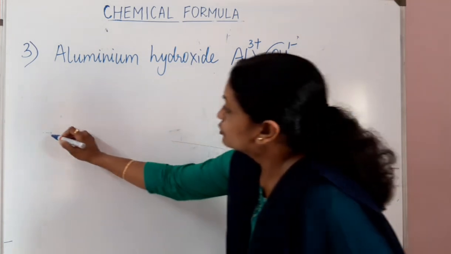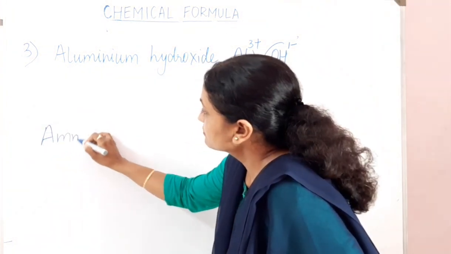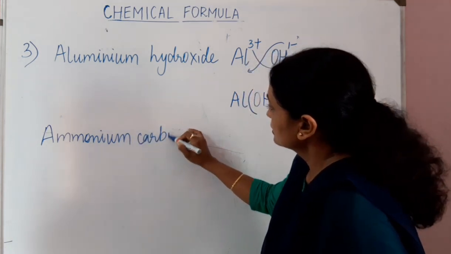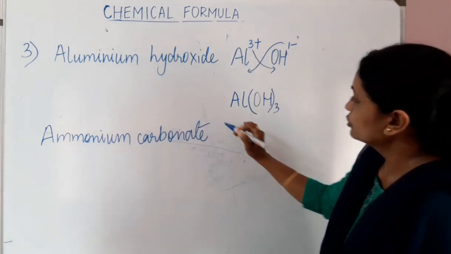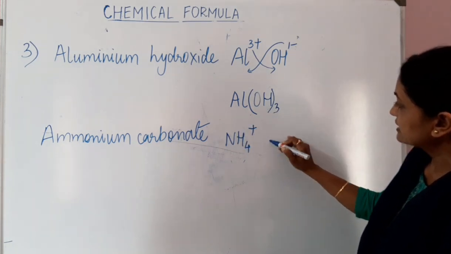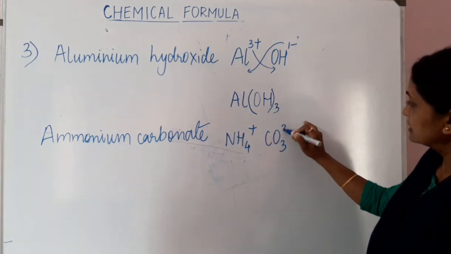Now let us take one more example, ammonium carbonate. Ammonium is NH4 1 plus and carbonate is CO3 2 minus.